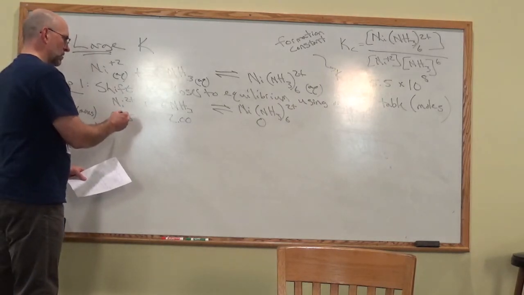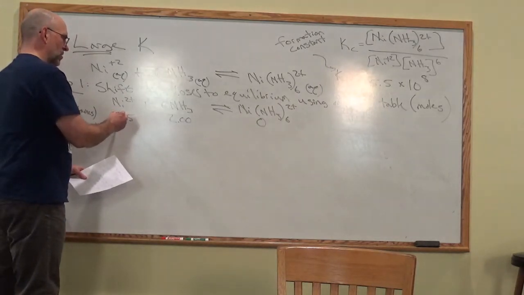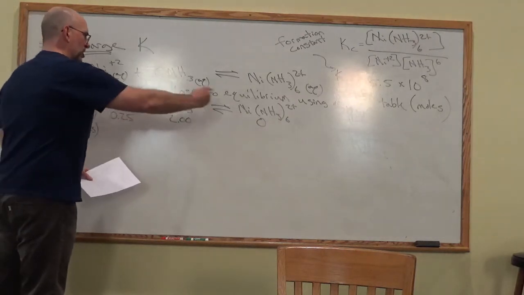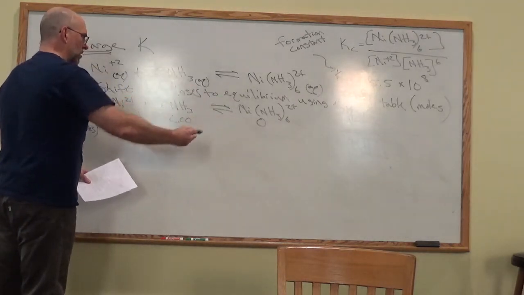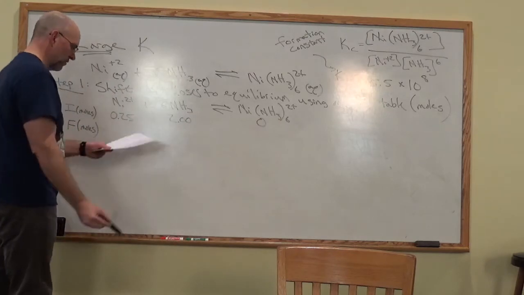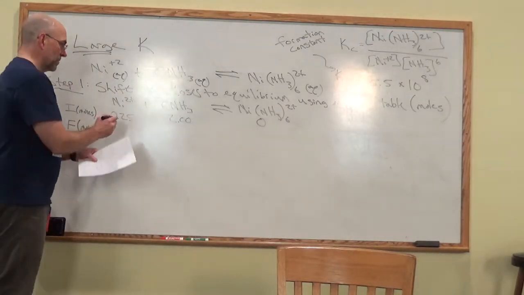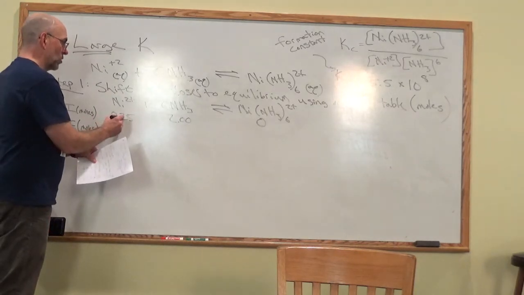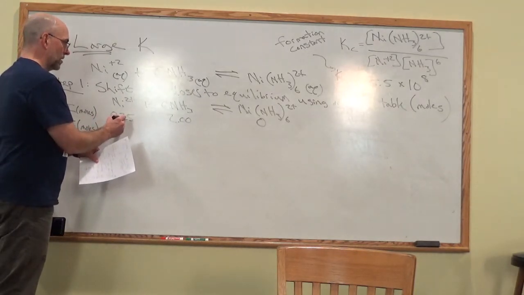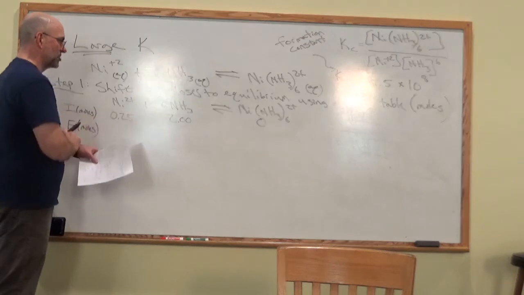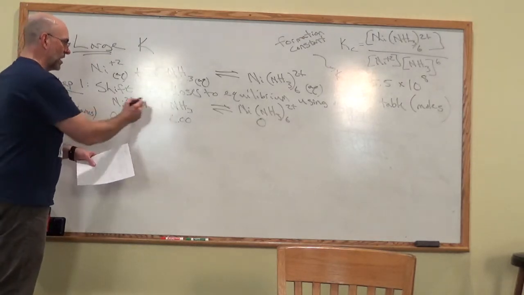Okay, so we're going to push everything that direction. So how much of this stuff's going to be left over? Well, this is kind of stoichiometry. See if you can follow me here. We have 0.25 moles of nickel. We need 6 times as much ammonia as we do nickel.